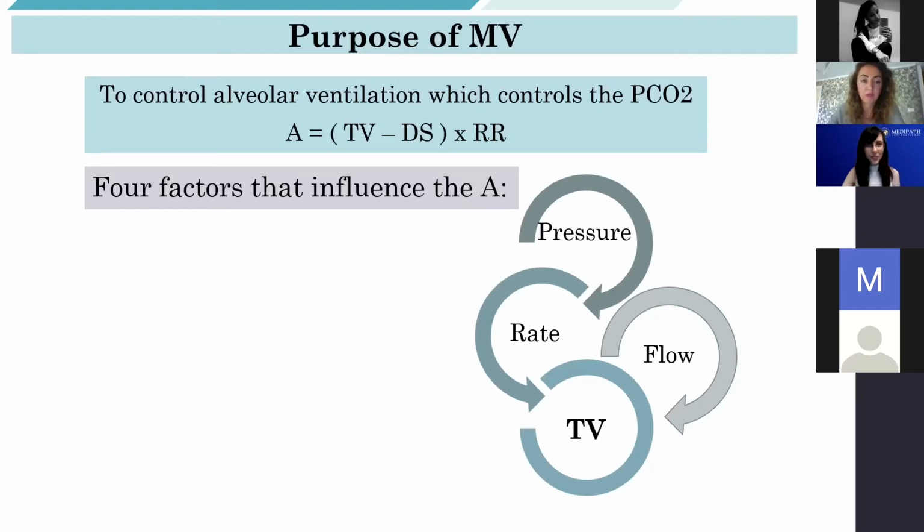There are four factors that will influence the alveolar ventilation: the tidal volume; the pressure, which is the amount of force necessary to deliver the desired volume; the flow, the speed of volume delivery; and in the end, the time, which is the respiratory rate.